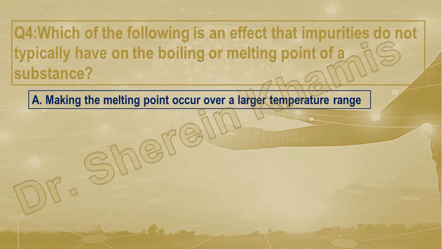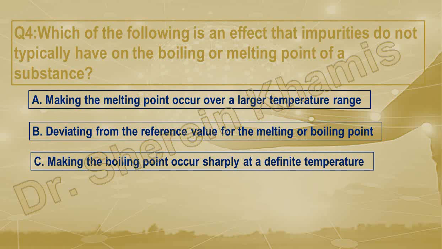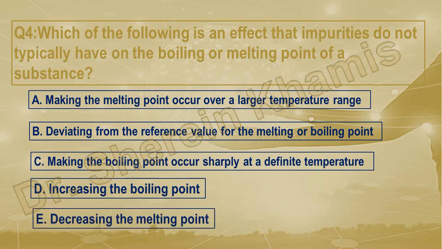A, making the melting point occur over a larger temperature range. B, it may deviate from the reference value of the melting point or boiling point. C, making the boiling point occur sharply at a definite temperature. D, increasing the boiling point. And E, decreasing the melting point.